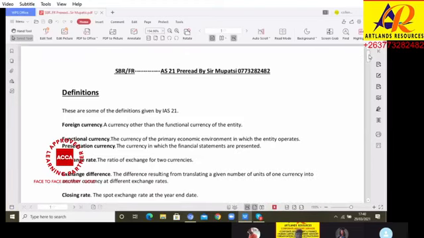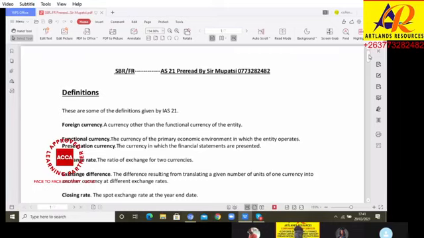First things first, I have typed everything for you, so it's a matter of just paying attention. IAS 21, as I said, effects of changes in exchange rates. This standard sets some definitions on what is foreign currency. Foreign currency is a currency which is not the functional currency of an entity.